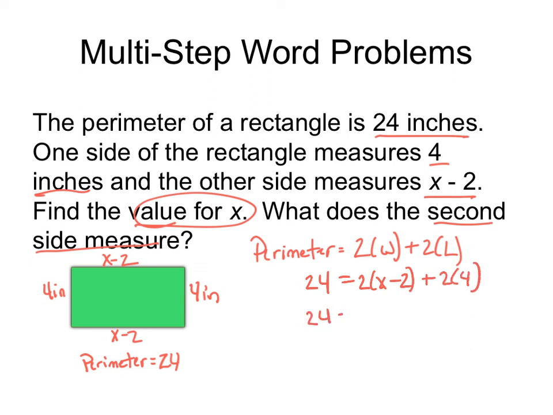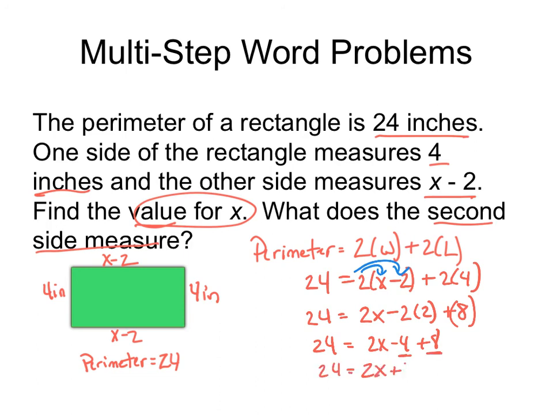So if I simplify this by distributing the 2 to the x and the 2 to the -2, I get 2x minus 2 times 2 plus, and we'll do 2 times 4 is 8. So 24 is equal to 2x minus 4 plus 8. And if I add my -4 and +8 together, I get 2x plus 4.